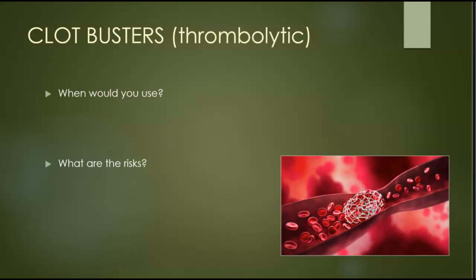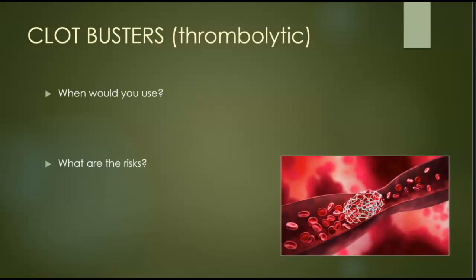Clot busters, when would you use these? And the drug here is ANTIPLATELET. I'm sorry, there's no slide for it, but it is in your book. The big thing to know about ANTIPLATELET is, one, it is a clot buster. It will dissolve a clot, unlike heparin, unlike Coumadin. This will dissolve a clot.